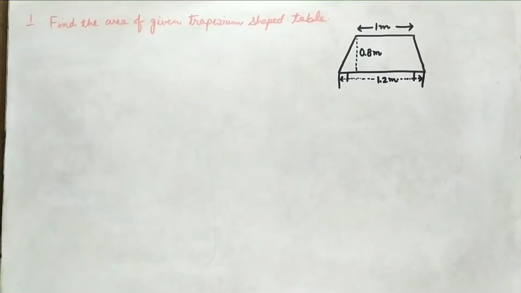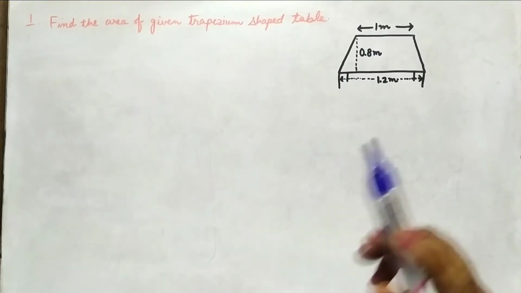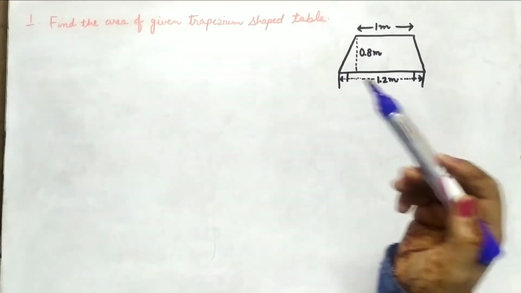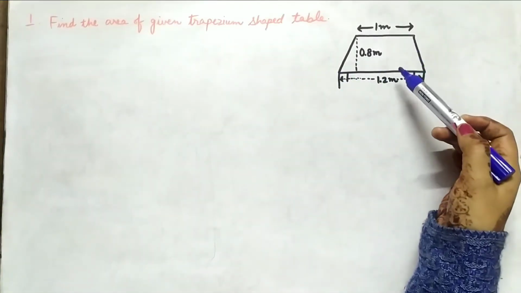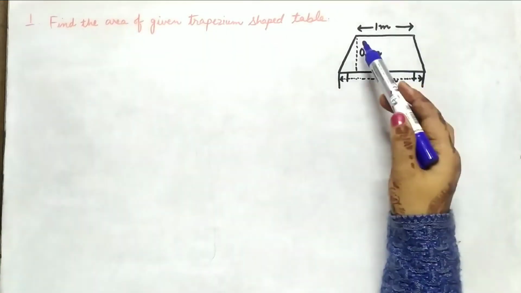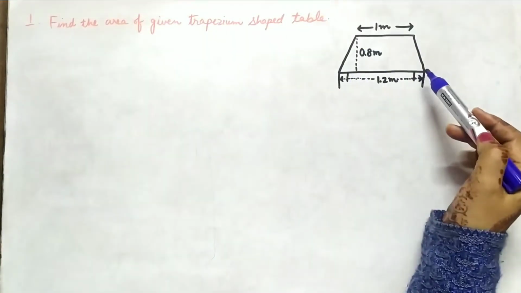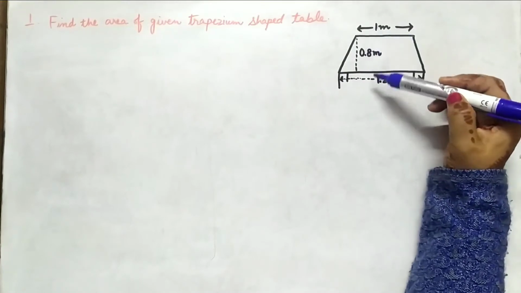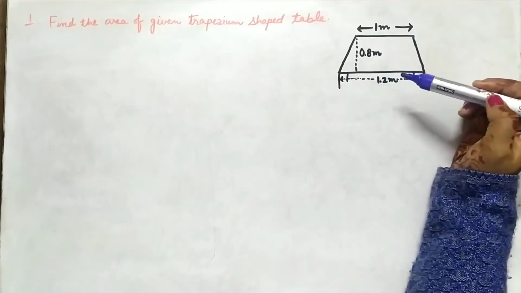The first question says, find the area of the given trapezium shaped table. Here a table is given. Its base has the shape of a trapezium. We know in a trapezium there are two parallel sides and the distance between the two parallel sides is fixed.